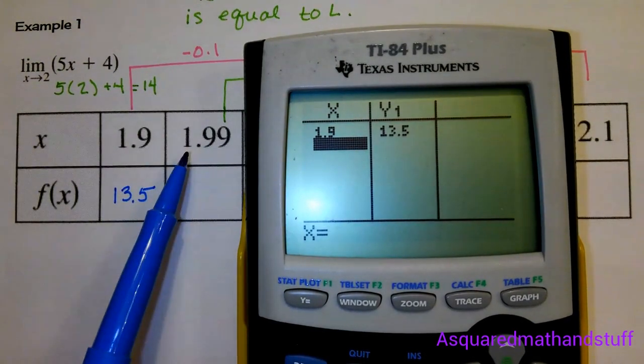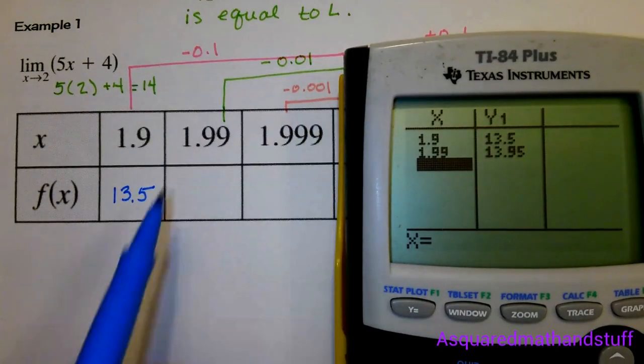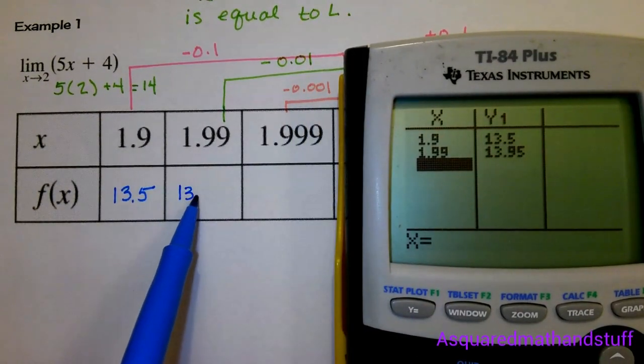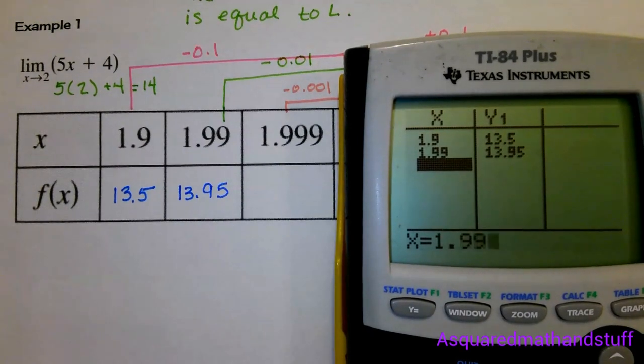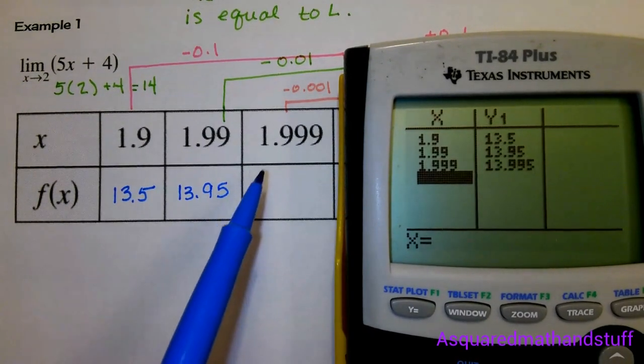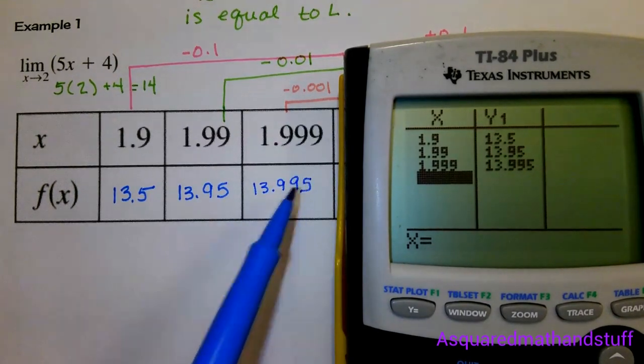Now let's tell it to calculate 1.99. We'll see that it's 13.95. Now let's tell it to calculate 1.999, and that becomes 13.995.